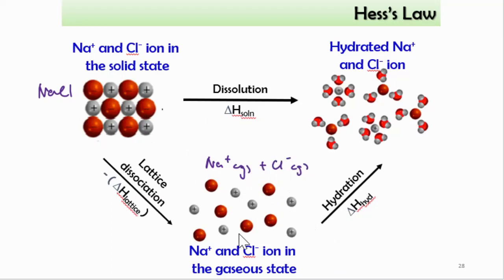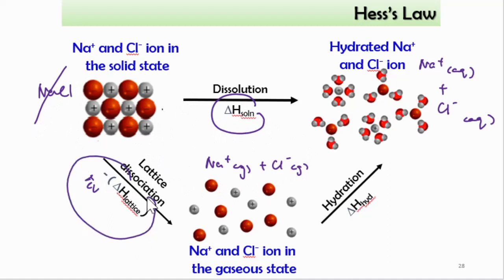And these two, kalau kamu undergo hydration, kamu akan dapat Na+ aqueous plus Cl- aqueous juga. So basically dia macam Hess's law lah. Enthalpy of solution is equal to negative, ataupun ini adalah reverse lah, reverse value daripada enthalpy of lattice. Since dia adalah dissociation, you split up these two. Ini adalah hasil tambah enthalpy pertama dan enthalpy of hydration.